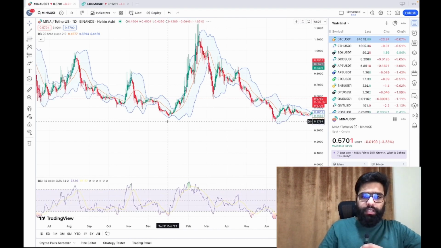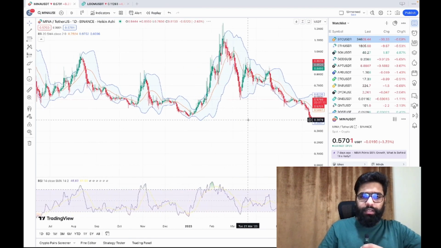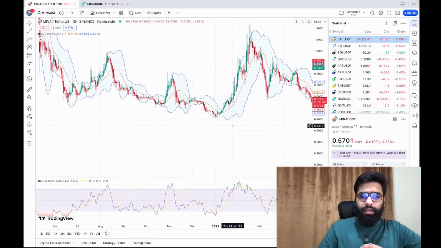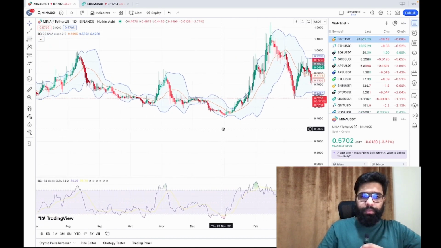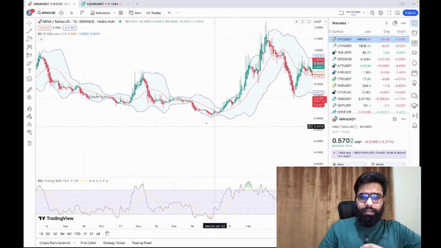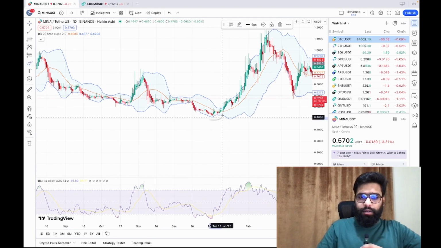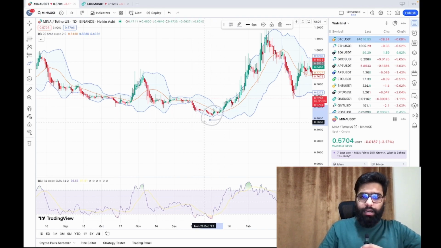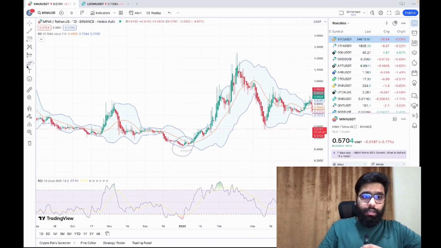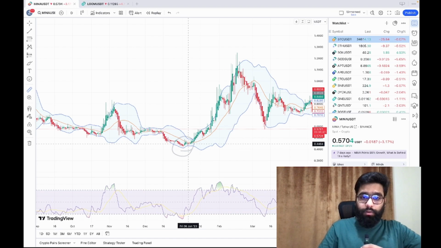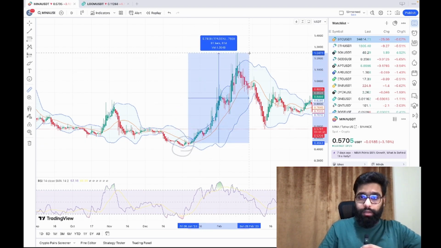So it's pretty easy whenever it's on the lower band. You just have to long it, and you can see it performs pretty well. Here we have seen that the price touched the lower band and it performed pretty well. We can see a move of around 174%.